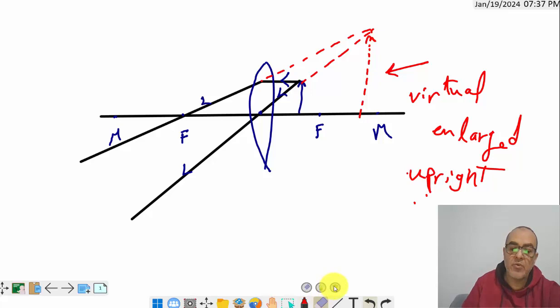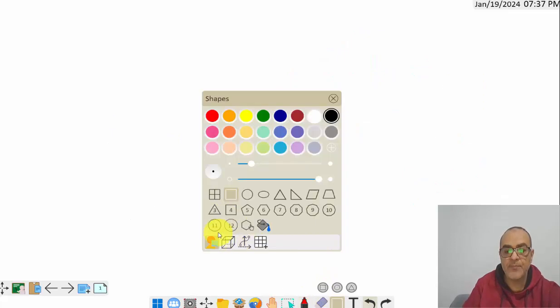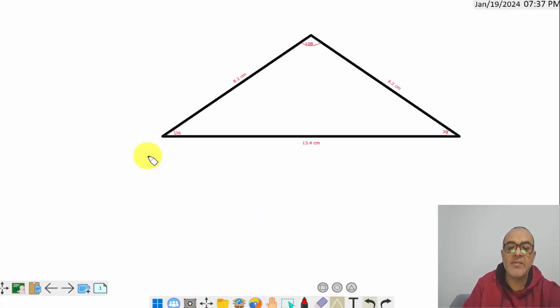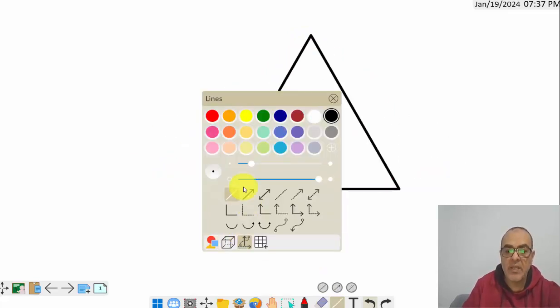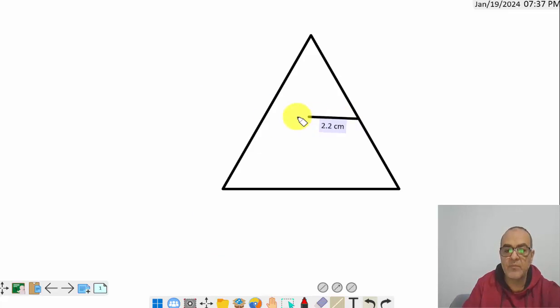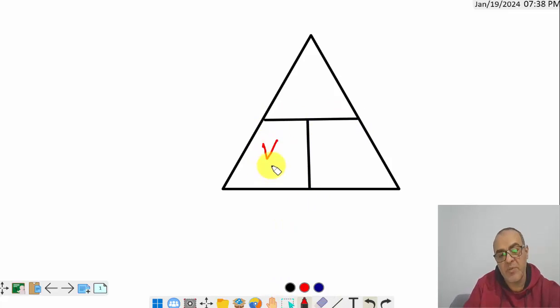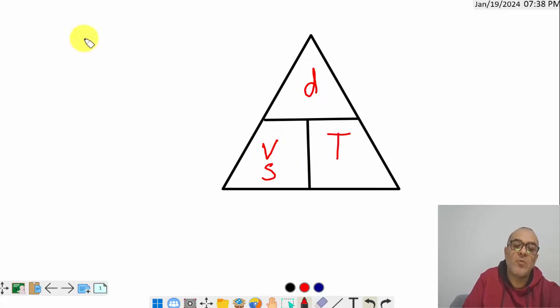Dear student, if we draw a triangle like this and separate it like this, here and here, if we put here velocity or speed, here distance or displacement, and here time. So V equals, if you put your hand here like this, D over T.